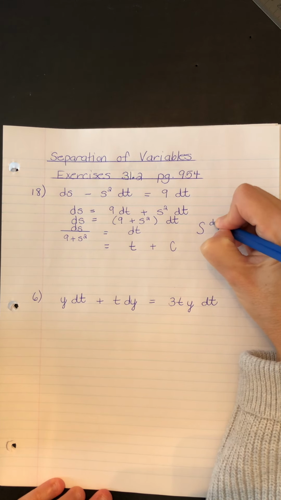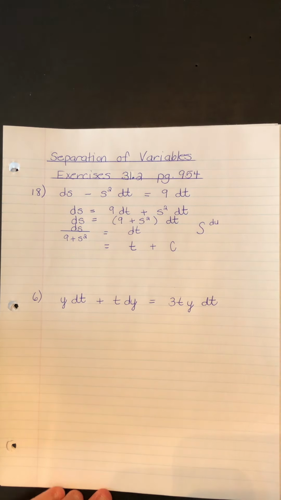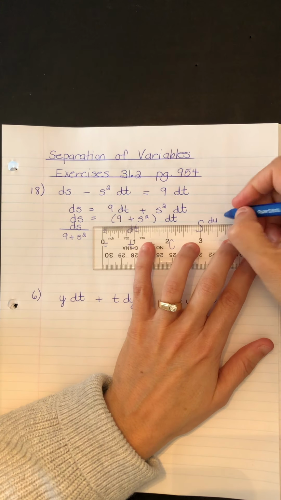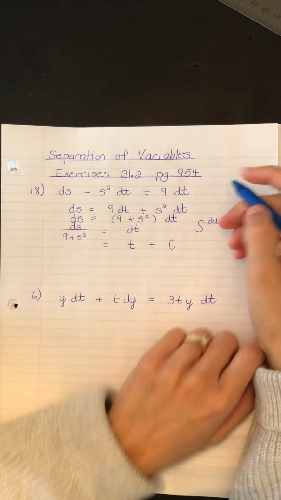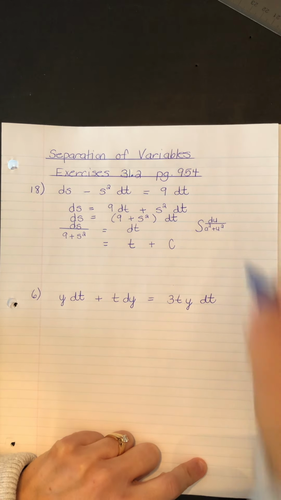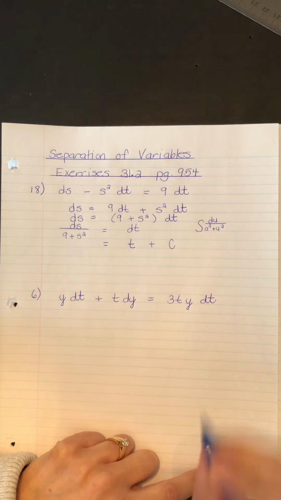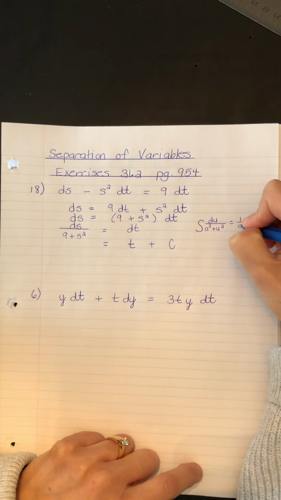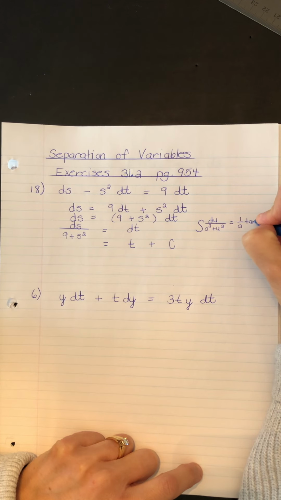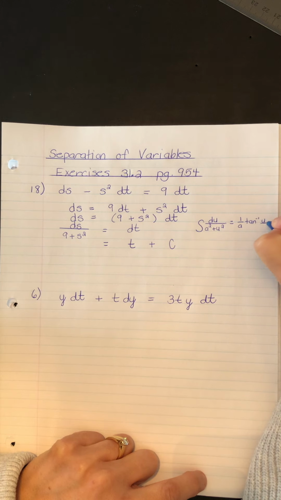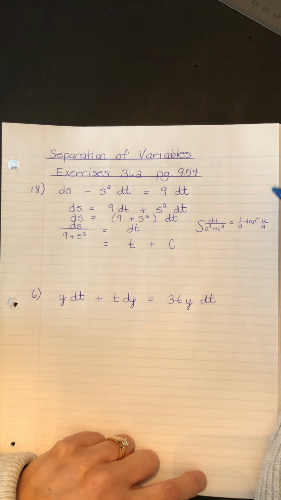So we're using this one, the du over a squared plus u squared. Okay, so that's the equation that we're going to use, and its integral is 1 over a tangent inverse of u over a. Okay, and then of course there's a constant plus c.